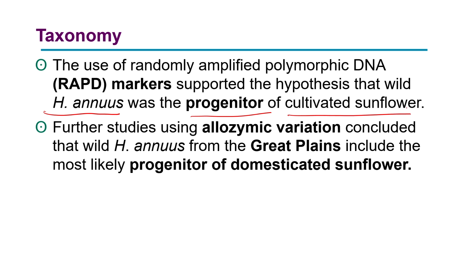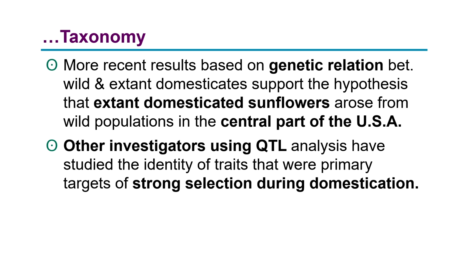Further studies using allozymic variation concluded that wild Helianthus annuus from the Great Plains includes the most likely progenitor of domesticated sunflower. More recent results based on genetic relation between wild and extant domesticated sunflowers support the hypothesis that extant domesticated sunflowers arose from wild populations in the central part of the USA, or broadly you can call it North America.